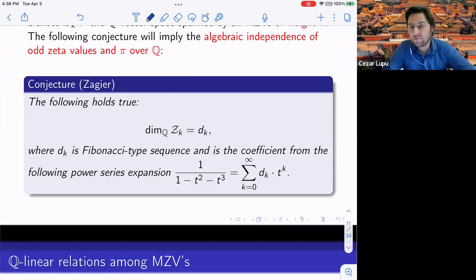I just found it recently. In fact, he generalized it for double L functions, but that's it. For triple zeta functions, nothing is known.